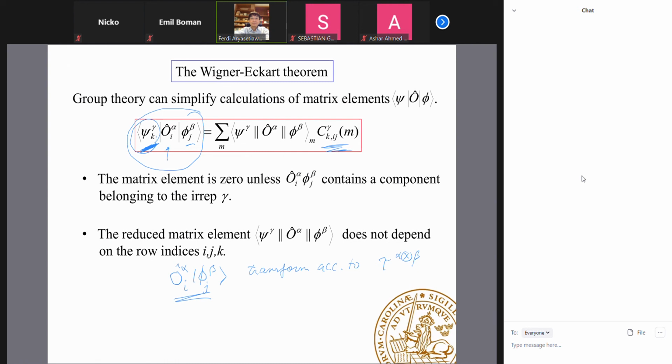So for this matrix element to be non-zero, one of the irreducible components of this function should transform according to representation gamma. So that is the basic principle.